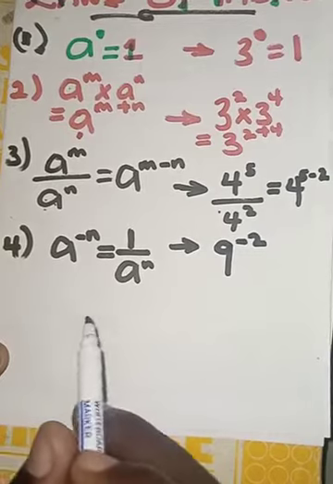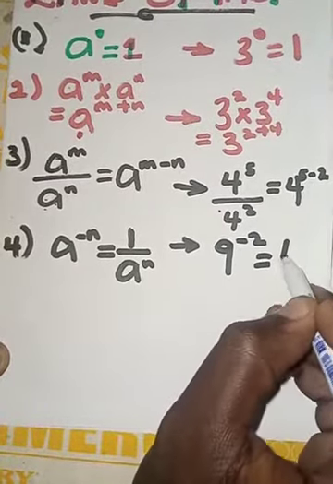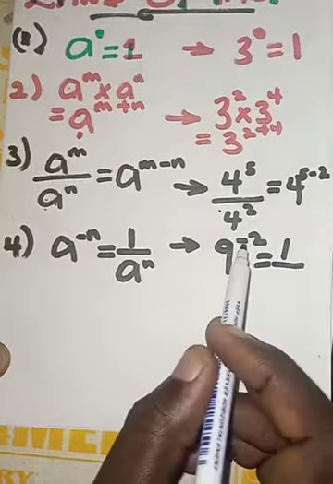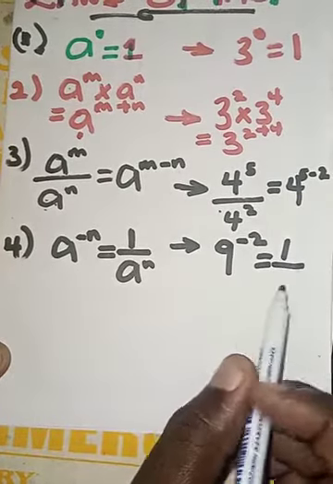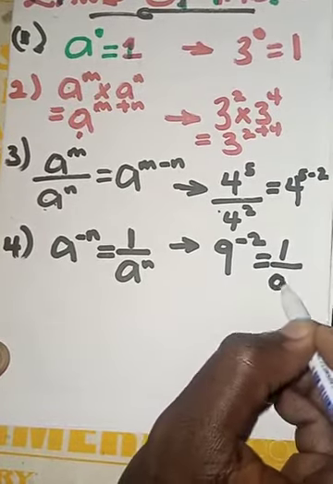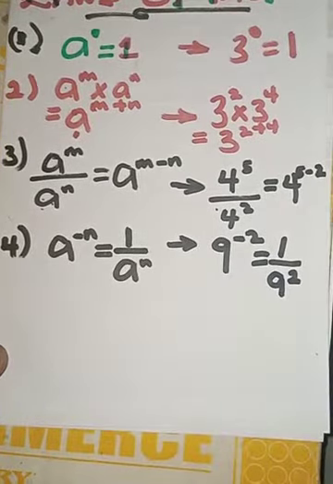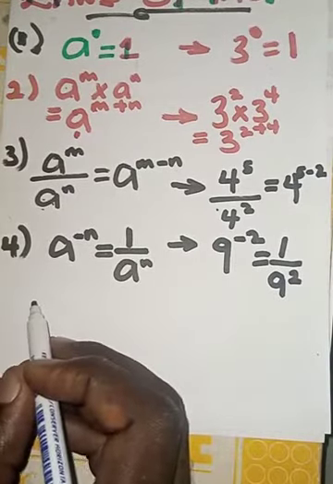Because the power is negative, it is going to be 1 all over 9 raised to power 2.